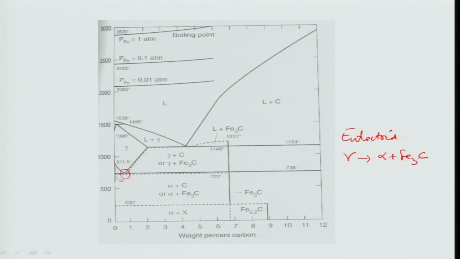This happens at about 727 degree Celsius temperature, and this mixture of alpha plus Fe3C is known as pearlite in the literature. So, it is very clear that gamma transforms to alpha plus Fe3C for the steels, the compositions of the iron carbon alloys which correspond to steels, and this reaction happens.